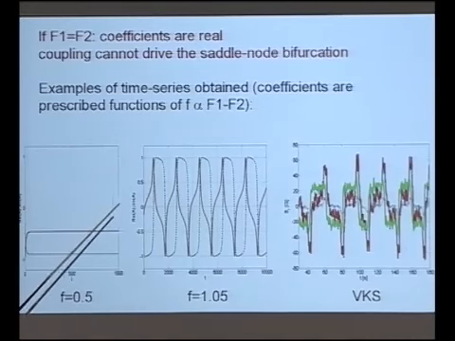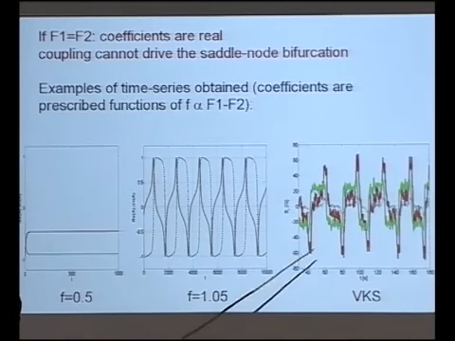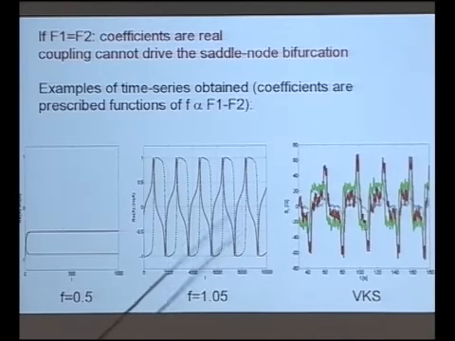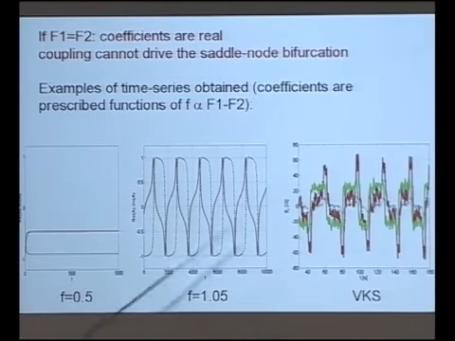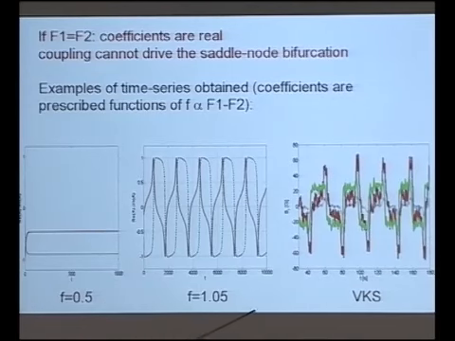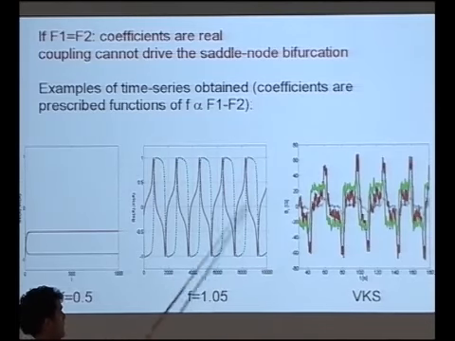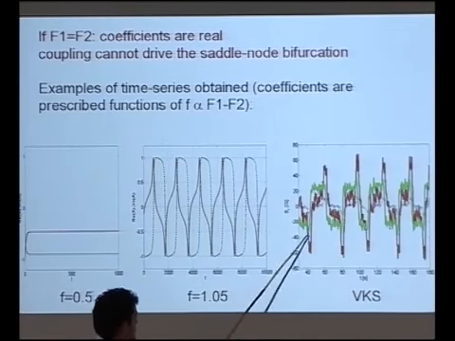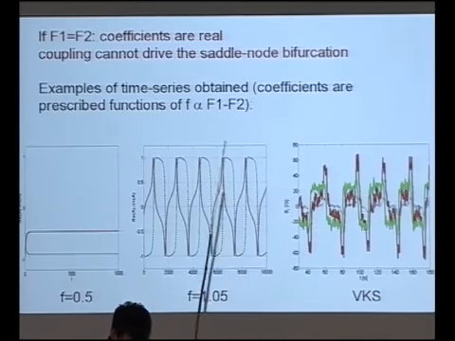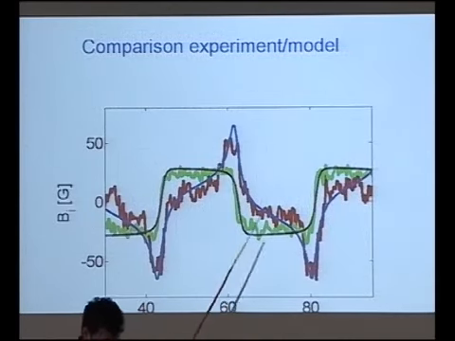Now we can make it a bit more quantitative by setting how much the amplitude in the normal form corresponds to what I measure as magnetic field in the experiment. So I can set the conversion factor between the amplitude of the dipolar component and what is measured, and the amplitude of the quadrupolar component and what is measured. I can do that and try to superimpose these with a time series here.